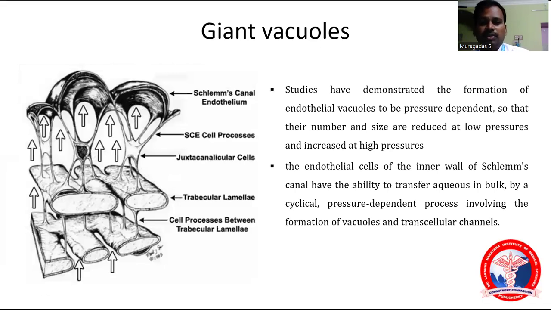Studies have demonstrated the formation of endothelial vacuoles to be pressure dependent, so that their number and size are reduced at low pressure and increased at high pressure. The endothelial cells of the inner wall of Schlemm's canal have the ability to transfer the aqueous in bulk by a cyclic pressure dependent process involving the formation of vacuoles and transcellular channels.